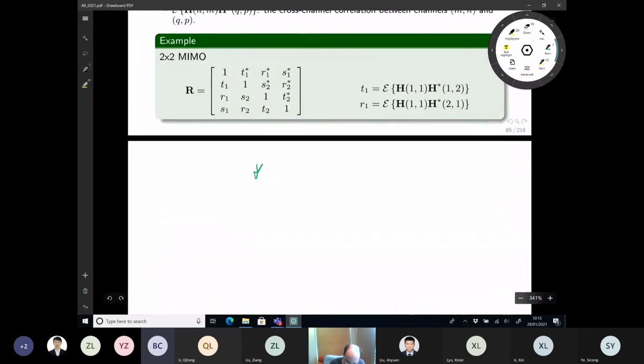So H is given by H11, H12, H21, and H22. And let's imagine they're all circularly symmetric complex Gaussian, so the magnitude is Rayleigh distributed. Now the question is, they're circularly symmetric, each of them, but they could be correlated among themselves. So how can we analyze this?